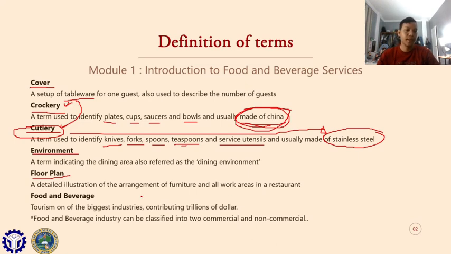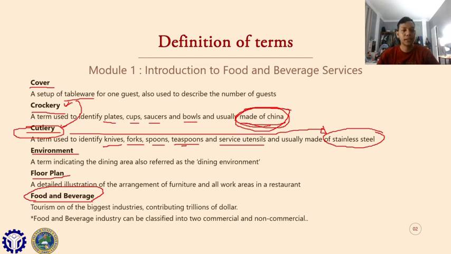Next is the term food and beverage. Tourism is one of the biggest industries, contributing trillions of dollars. The food and beverage industry can be classified into two: commercial and non-commercial. I know that you are familiar with this one, food and beverage.